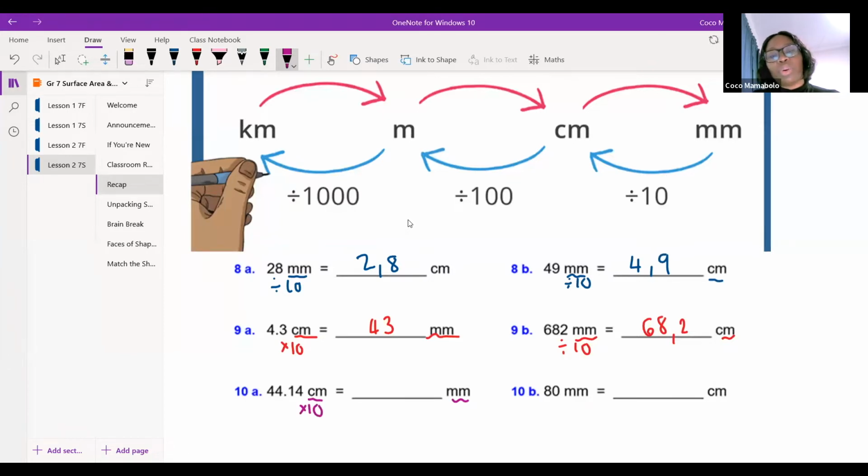So what is 44.14 multiplied by 10? 413 millimeters. Sorry, ma'am. I think you've switched them around a little bit. Punch it into your calculator again for me, my sweetie. I think you've skipped one. So you need to go 44.14 times 10.